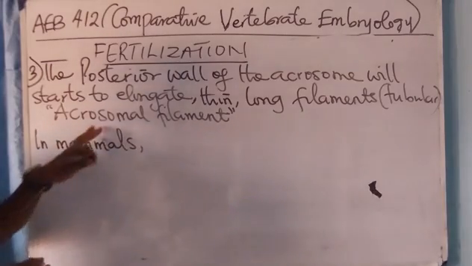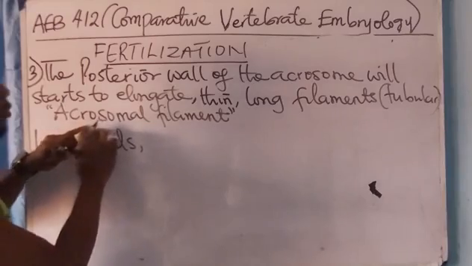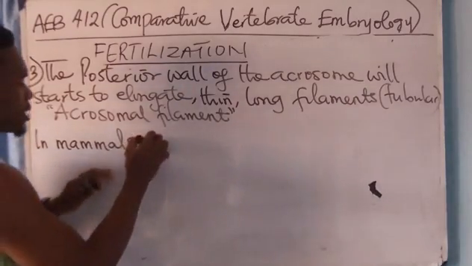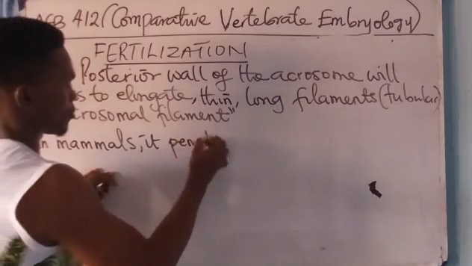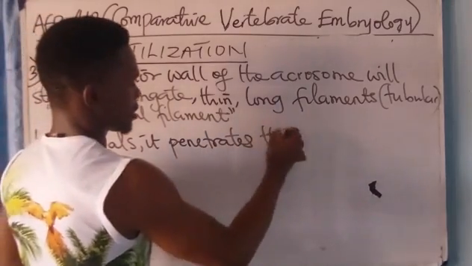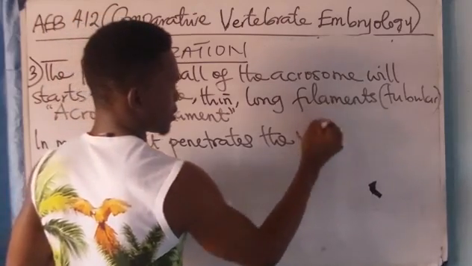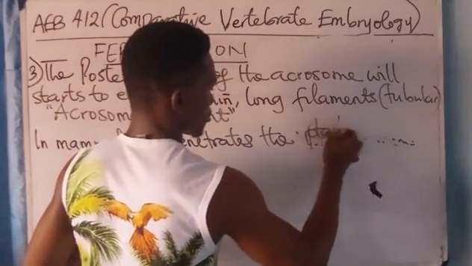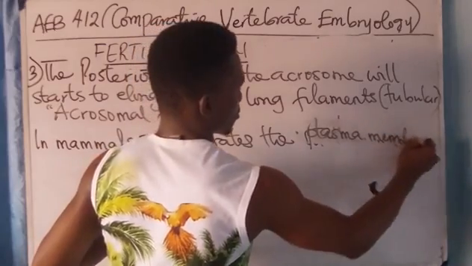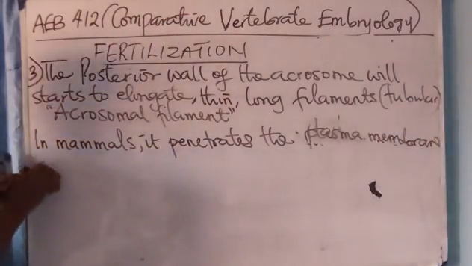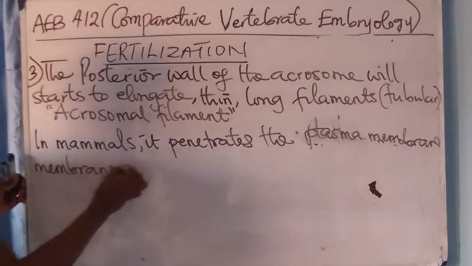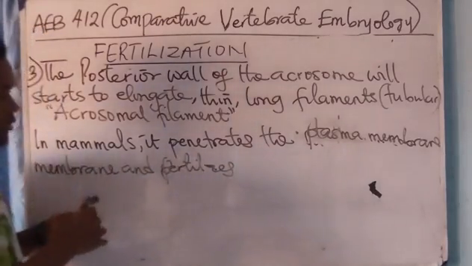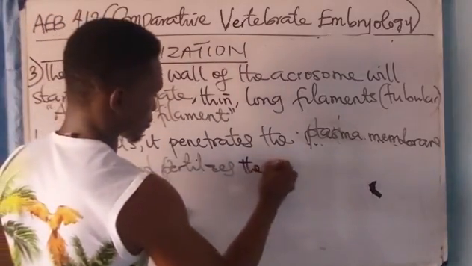In mammals, there is no acrosomal filament in the sperm, which means that it penetrates the plasma membrane and fertilizes the egg.